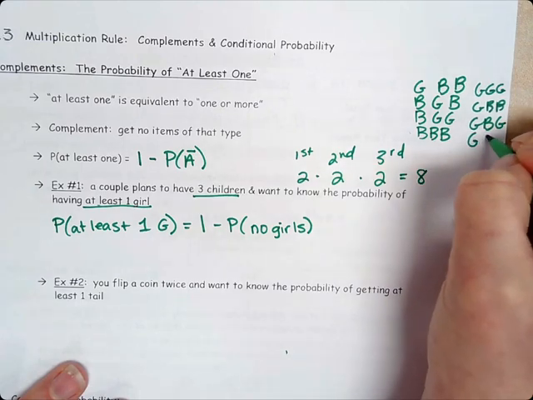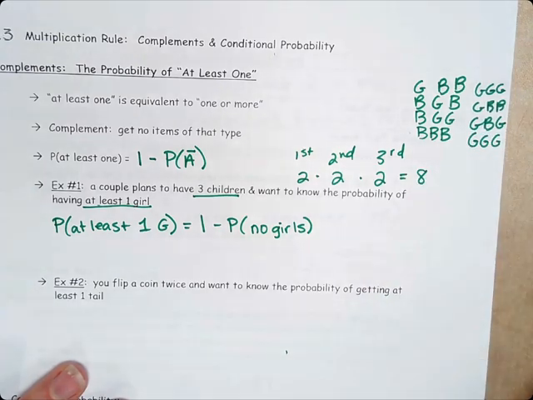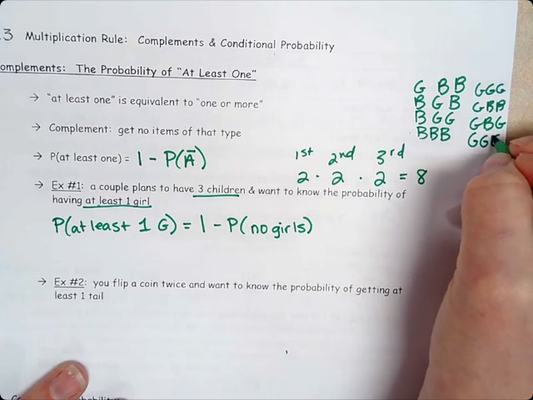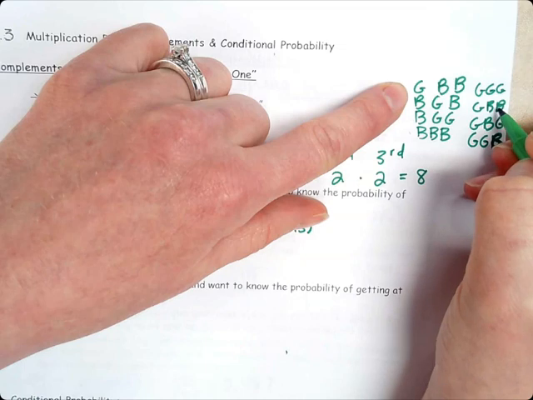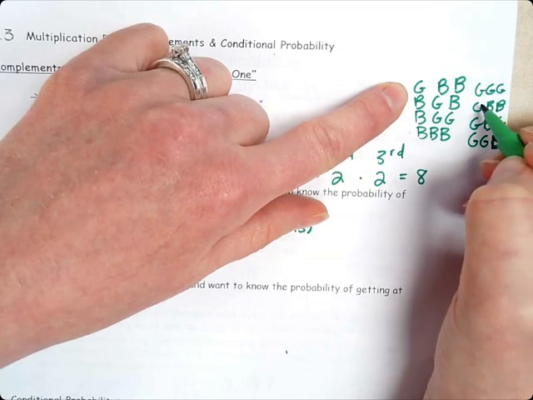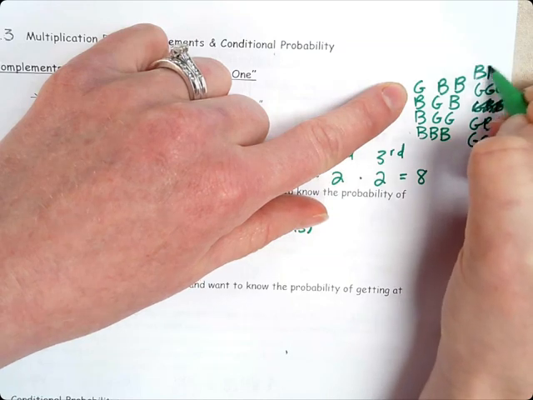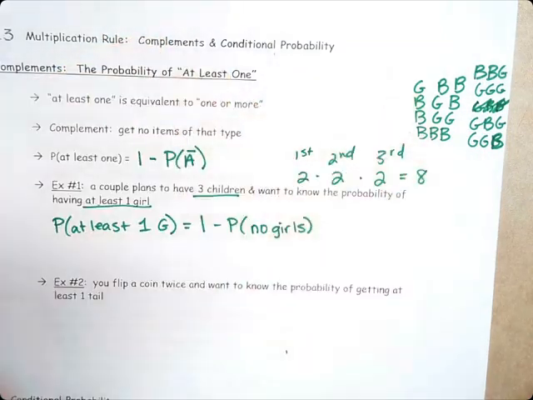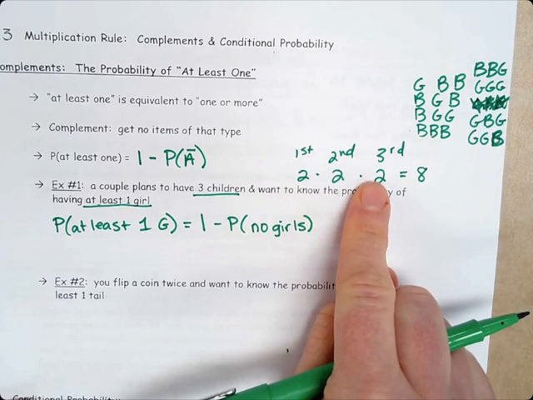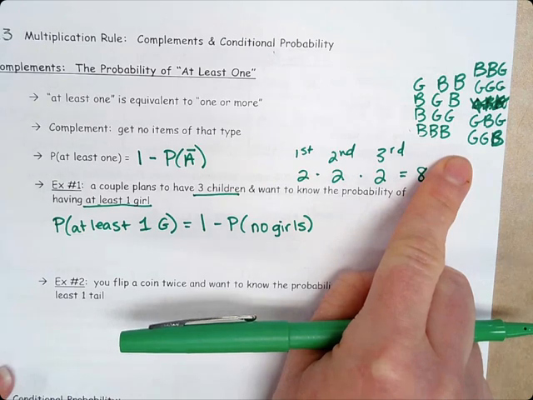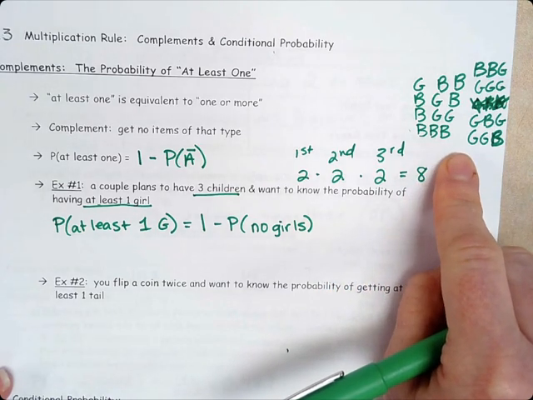Girl, girl, boy. I have that one twice. So it should be boy, boy, girl. There we go. So obviously this way was better for me. Listing them out, I made some mistakes.